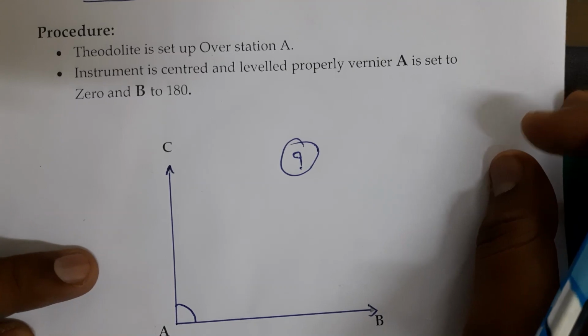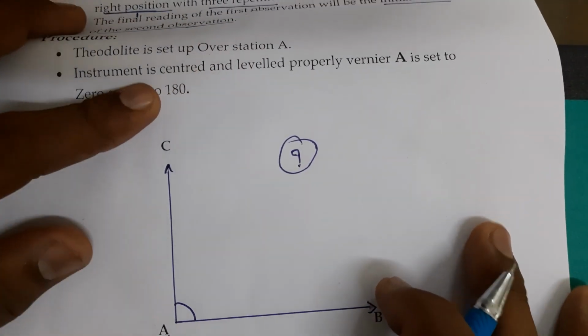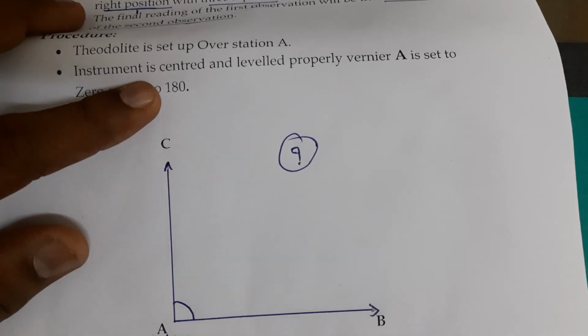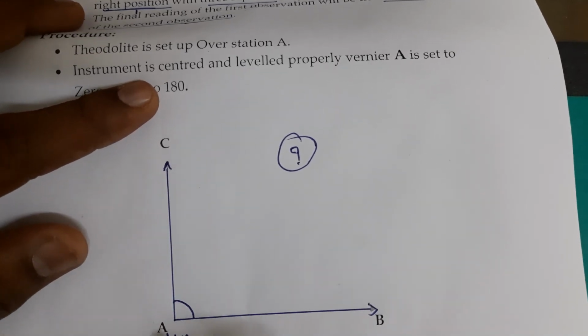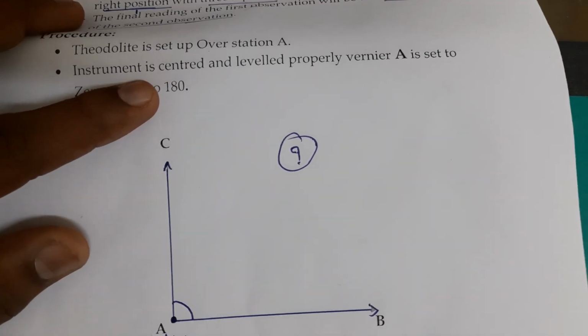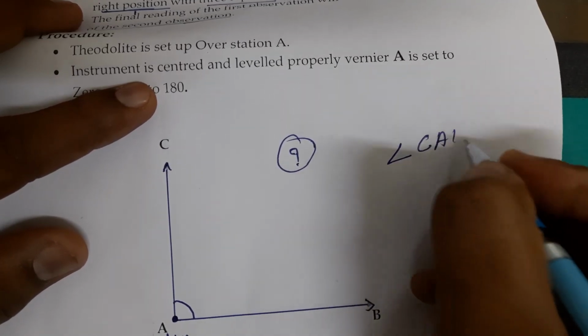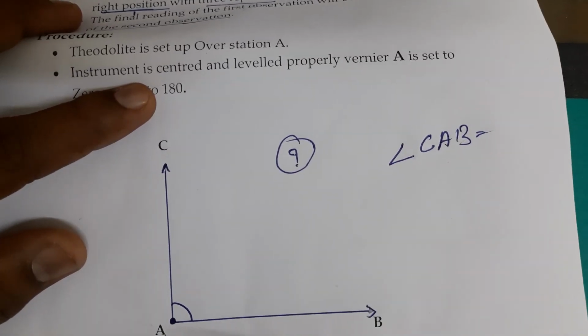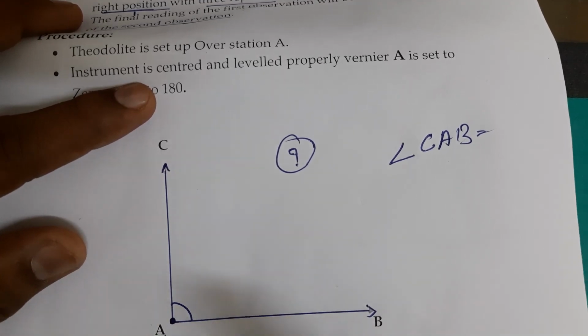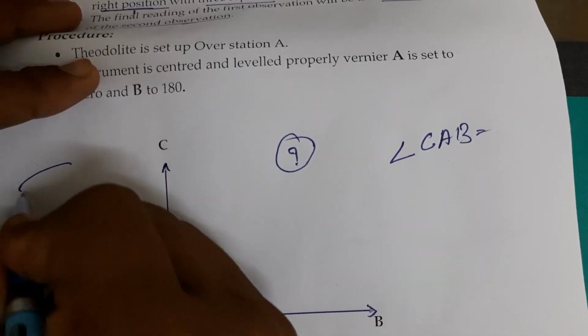When you use the repetition method, first you need to set your instrument over a point. Now our instrument is at point A, and we need to measure the angle CAB. For that, first we need to set a vernier scale and the main scale.